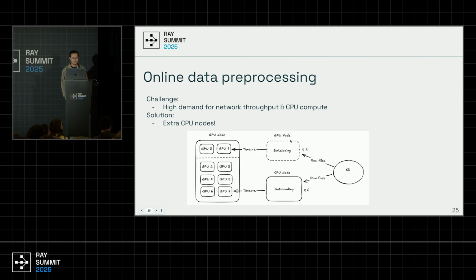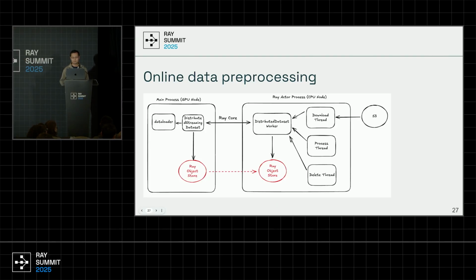However, to keep the GPU saturated, this approach requires a large network bandwidth and a lot of CPU compute. And the resource on the GPU node alone is simply not enough. And the solution is quite intuitive. We just add more CPU nodes to the cluster and offload the major data loading to these CPU nodes.